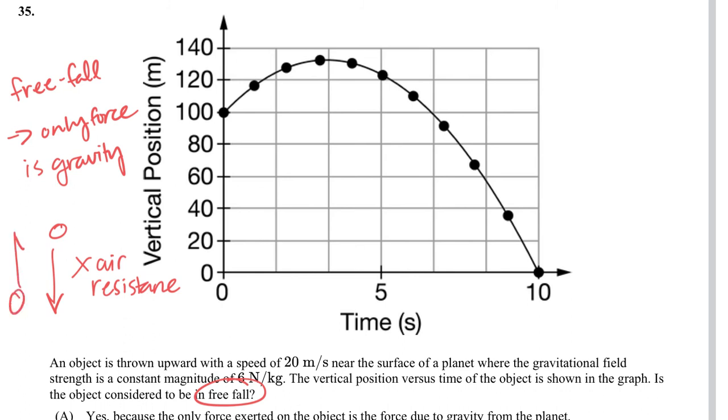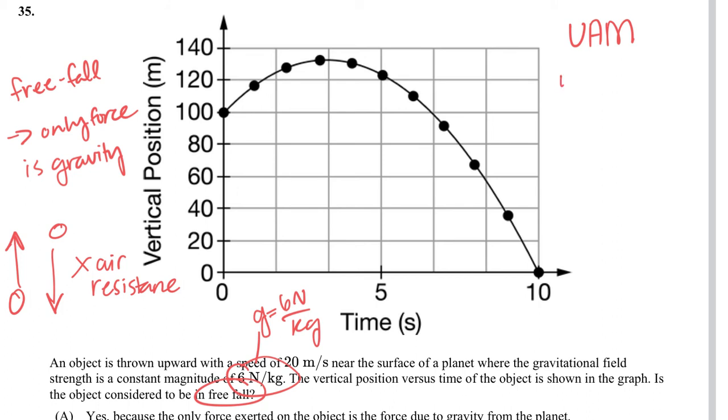And even if it travels up, it shouldn't be hitting any birds or air resistance either. So that allows an object to be in free fall. Free fall really has to do with our Unit 1 kinematic equations. So whenever something is in free fall, it is experiencing gravity at a constant acceleration. So we see that g is going to be 6 newtons per kilogram.